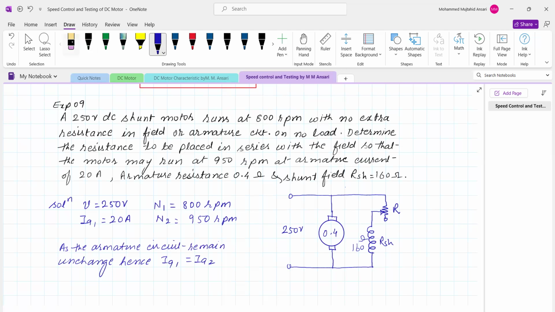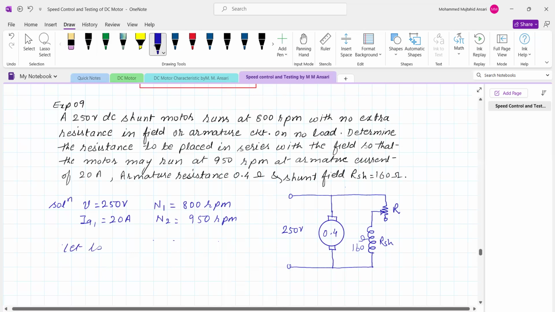So what we will do, we will consider that the torque will remain unchanged.